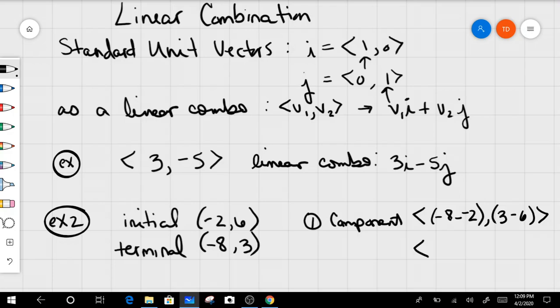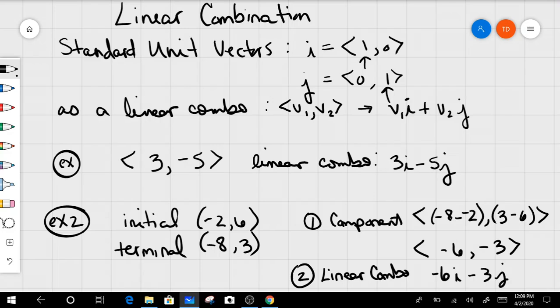So your component form is -6, -3. Now you can use that to write it in a linear combination. -6i minus 3j. Done.